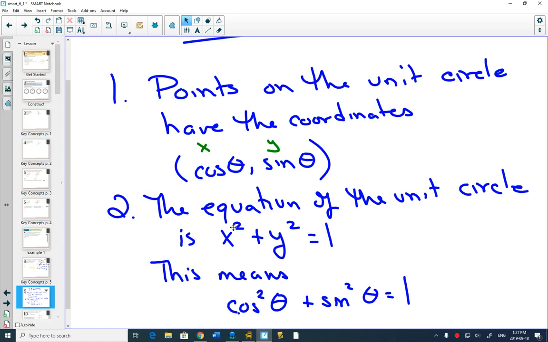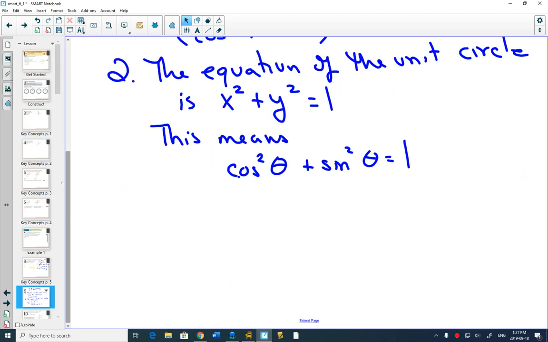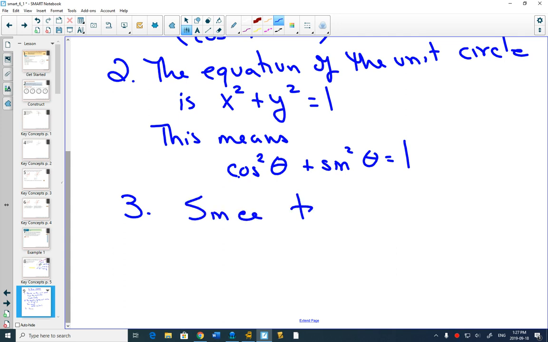And big idea number 3, from our unit circle and SOHCAHTOA, we said tan of theta was the opposite over the adjacent. Okay?